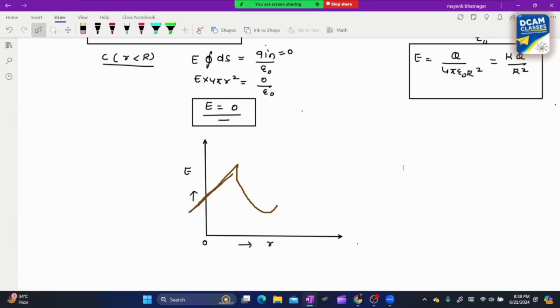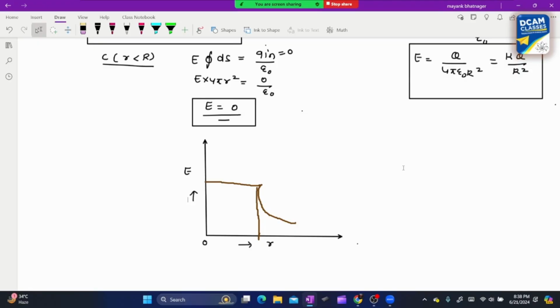No Manas, wrong. Danny, can you draw? You are also correct, but you have done some mistake. Achha, this is minus, no? No, minus.